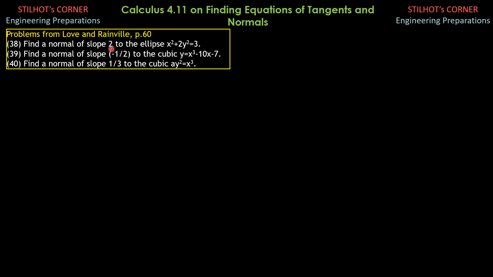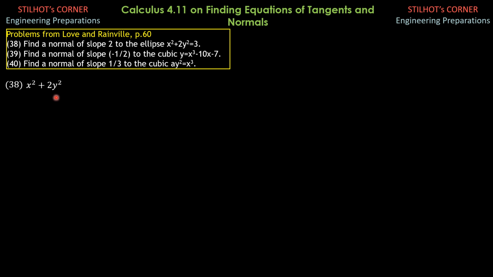So y prime is 2 and we are looking for the normal, so the slope of the normal is the negative reciprocal of 2, which is negative 1/2. So let's copy problem 38 and differentiate it with respect to x.